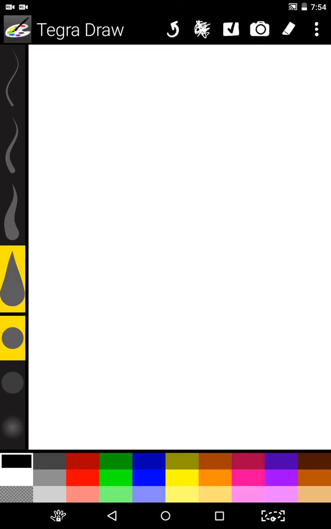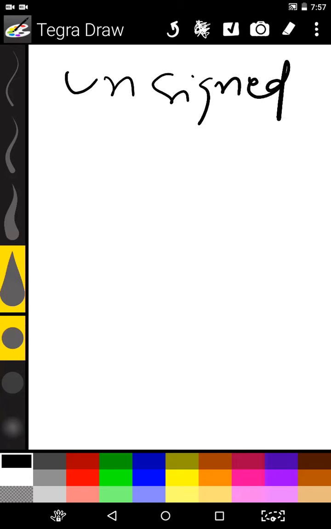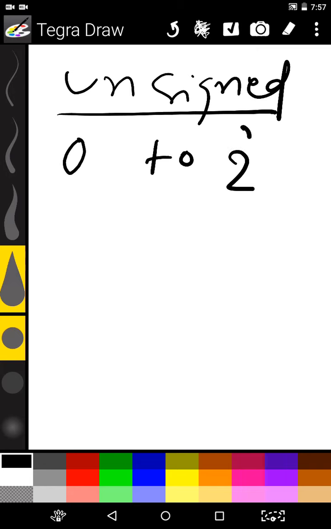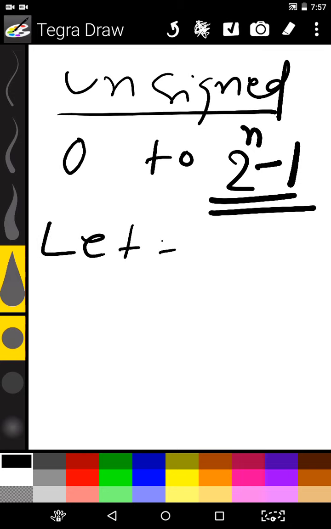In unsigned magnitude representation, we can represent numbers starting from 0. For n bits, we can represent from 0 to 2 to the power n minus 1. Let's say n equals 2.